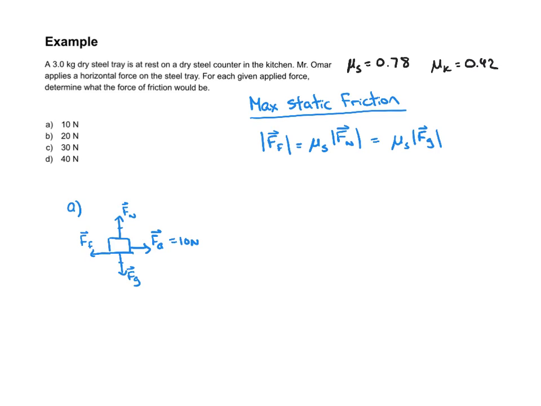So if I continue on here, the force of gravity has its own formula, which is mg. And now I can calculate this out. So this is 0.78 times the mass, which is 3.0, times the gravitational field strength, which is 9.8. I'm going to put that into a calculator.